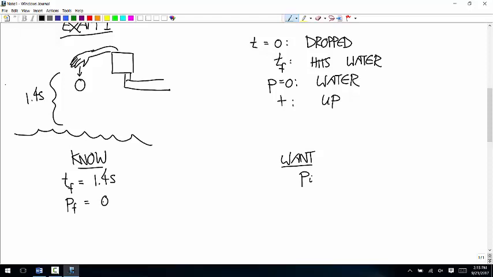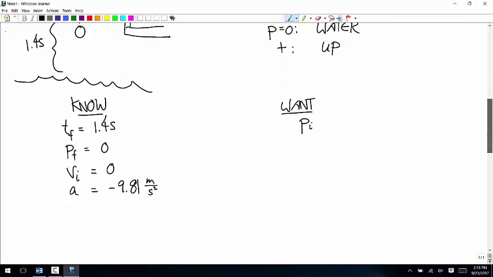It's 0. Yes, we do know that. So anytime something's dropped, the velocity when it's dropped is the same as the velocity of what it's dropped from. Okay, so if it's dropped from a bridge, it's 0. So V initial is 0. V final, we don't know, but we don't care. And then acceleration, it's free fall, so that's negative 9.81 meters per second squared.